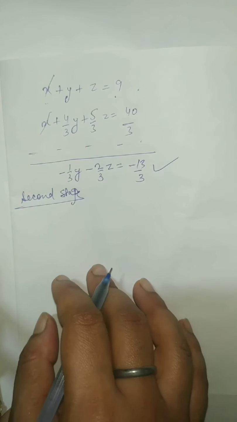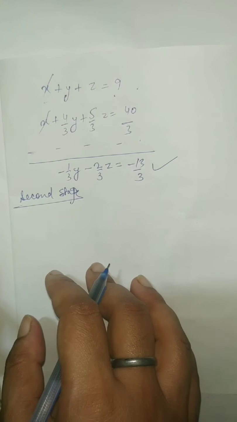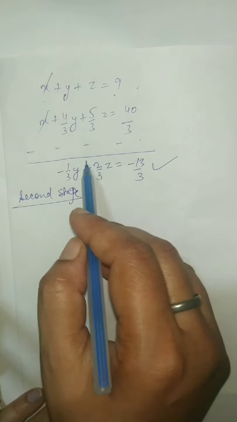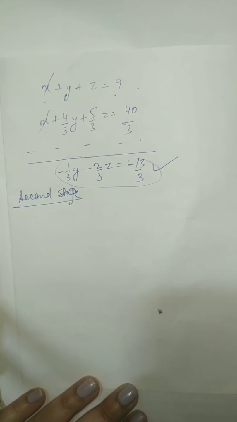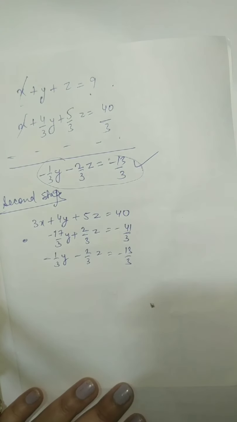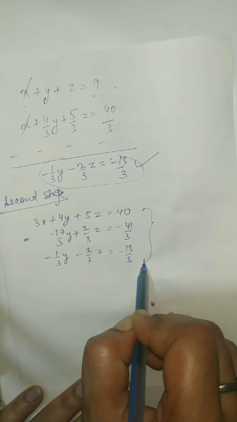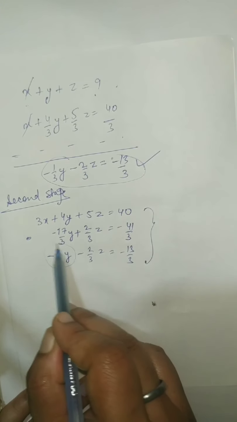Second stage, we eliminate the value of y from the third equation of the system of equations. So the exact equations we get are these, and we have to eliminate y from the third one.